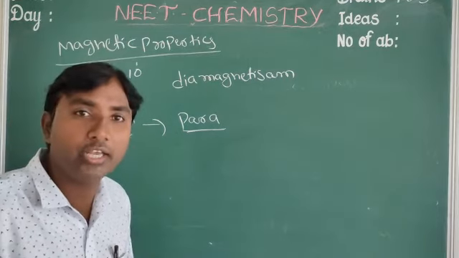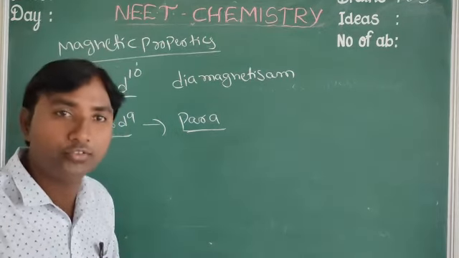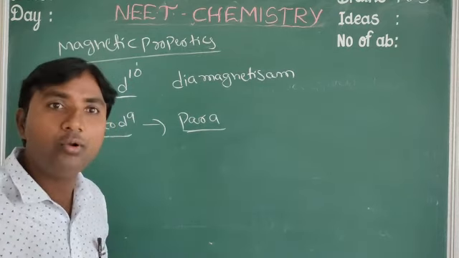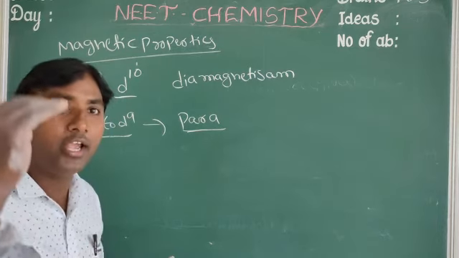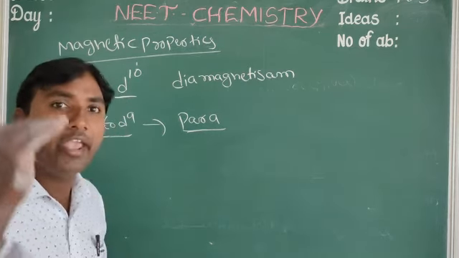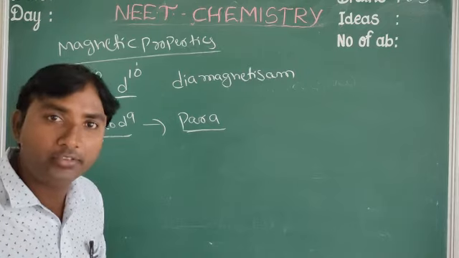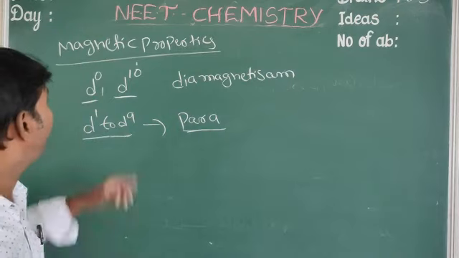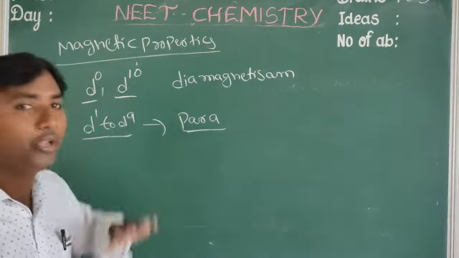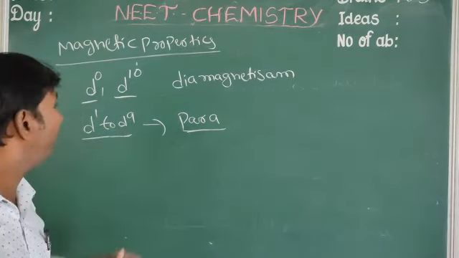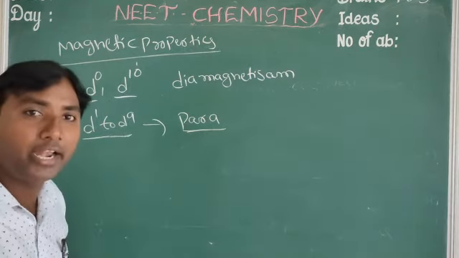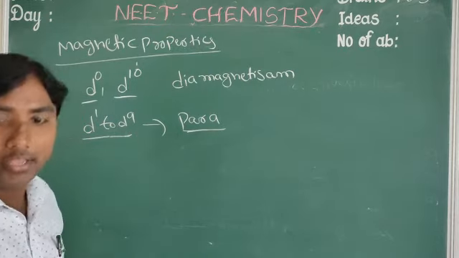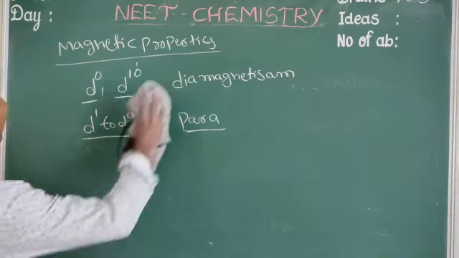When we go to coordination chemistry, magnetism depends on ligands: strong ligand gives one type of magnetism, weak ligand gives another. But here, to simplify, completely filled d10 or d0 gives diamagnetism, and d1 to d9, having unpaired or single electrons, gives paramagnetism.